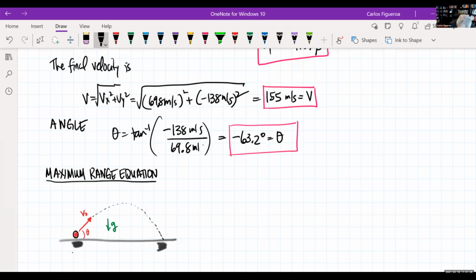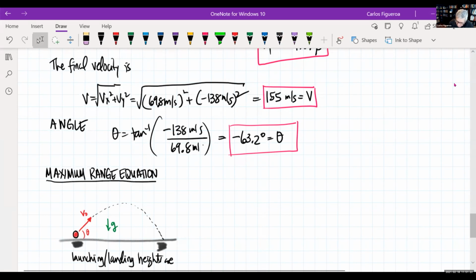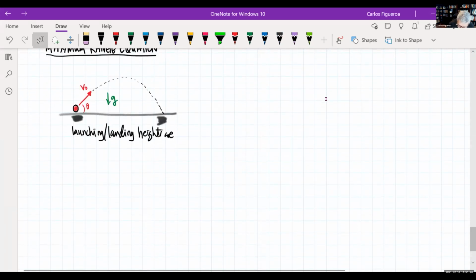The launching and landing heights are the same. And that's one of the most important pieces here. That's a super, super, super important piece.